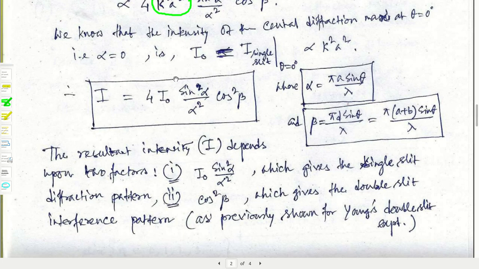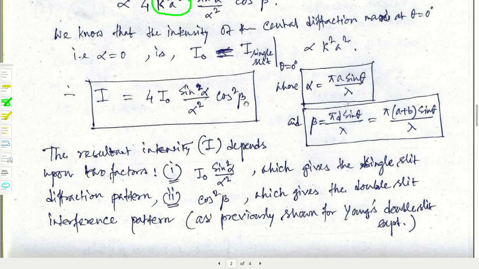Now this is purely the single slit diffraction term, but 4 I0 cos square beta is your interference term originating from Young's double slit experiment.